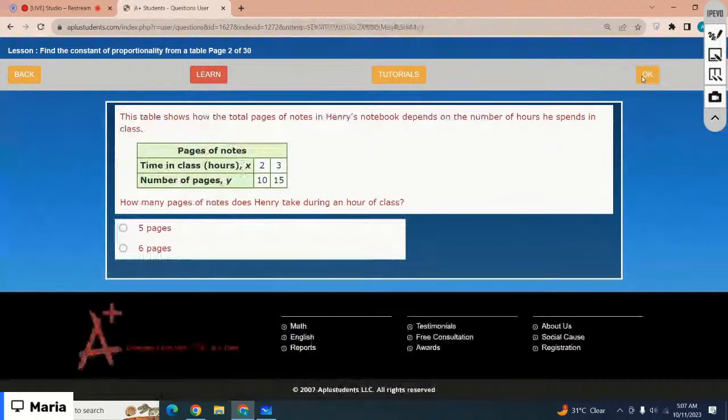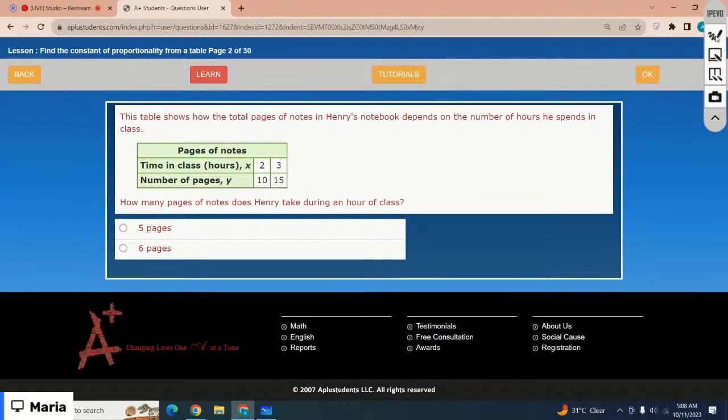Okay. This table shows how the total pages of notes in Henry's notebook depends on the number of hours he spends in class. So time in class is x, that is 2 hours, and number of pages is 10, right? So when he spent 3 hours in class, number of pages y is 15. How many pages of notes does Henry take during an hour of class?